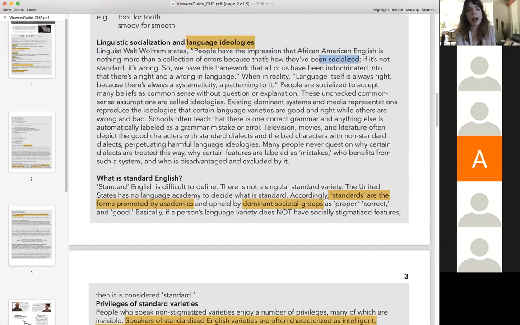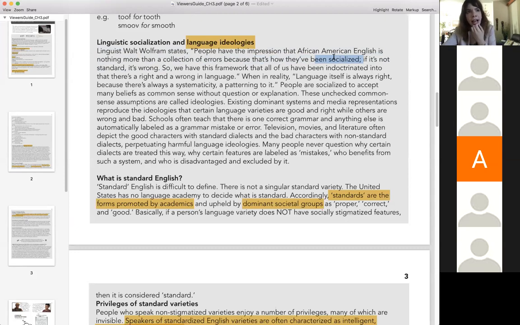So you and I have all been socialized or brought up differently according to our background and our families and our family values and the education that we received, right? So basically what it's saying is that African American English is seen as a collection of errors because that's the way a large majority of Americans have been brought up, con esos valores, with those values, those ideologies, right? That African American English is incorrect or even funny.